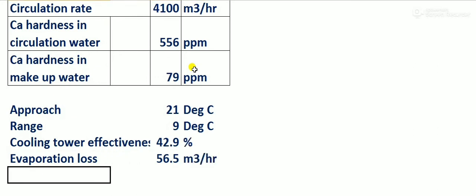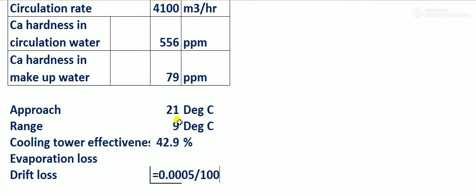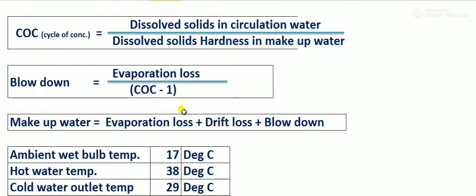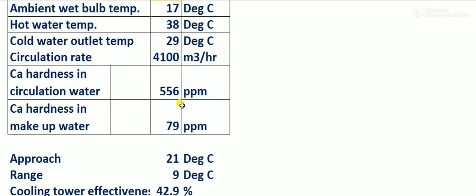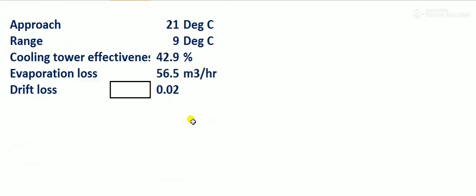So 56 meter cube per hour is our evaporation loss. Drift loss is equal to, what is the formula for drift loss? 0.0005 divided by 100 into water circulation rate, that is 4100 meter cube per hour.